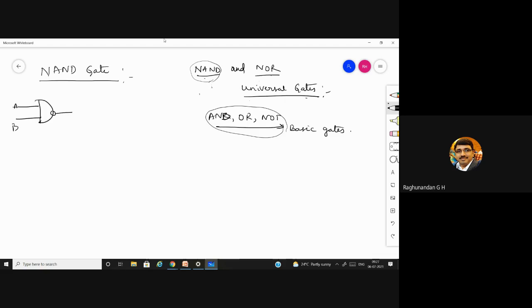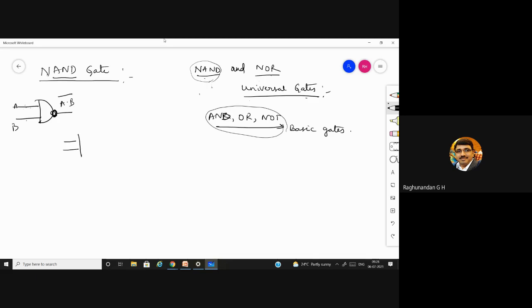A, B. Inserting a bubble at the output. See, first of all, it is an AND with N. N means NOT. A into B, this bubble indicates NOT, complement. So A into B whole bar.